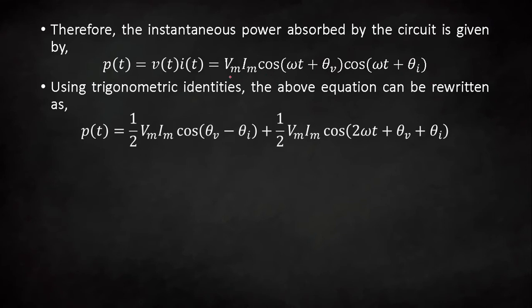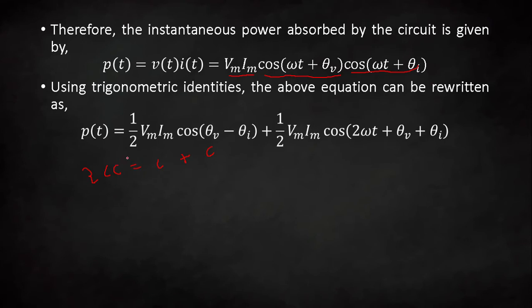Here Vm and Im are constant terms, so we don't have to worry about them. One term is cos(omega t plus theta V) and the other is cos(omega t plus theta I). I hope you remember the identity 2 cos C cos C equals cos C plus cos C, where C is a cosine term.